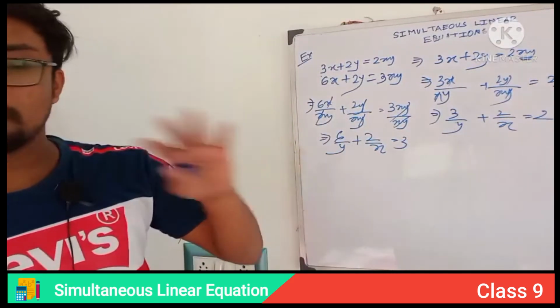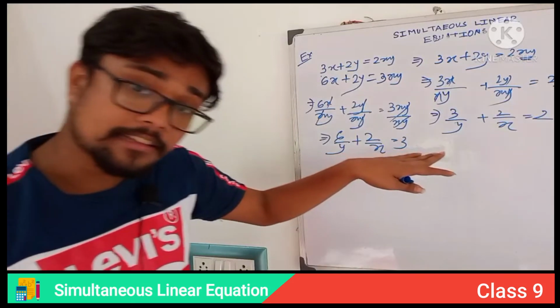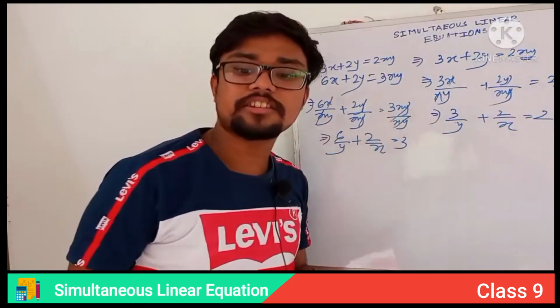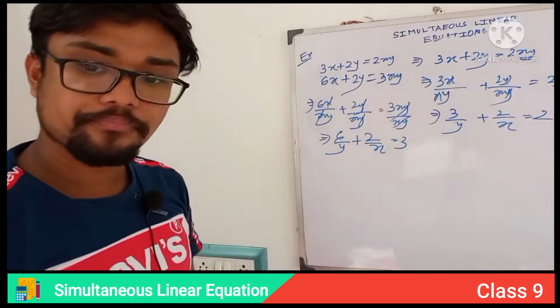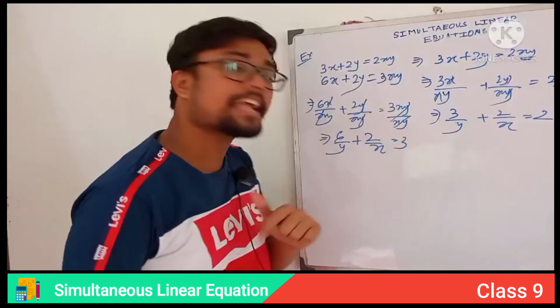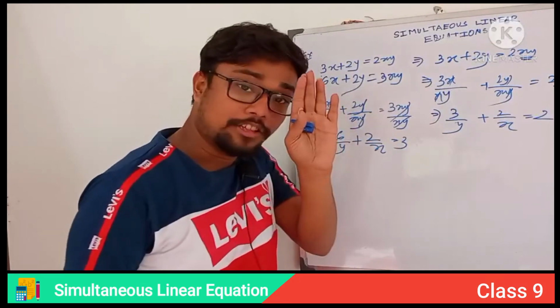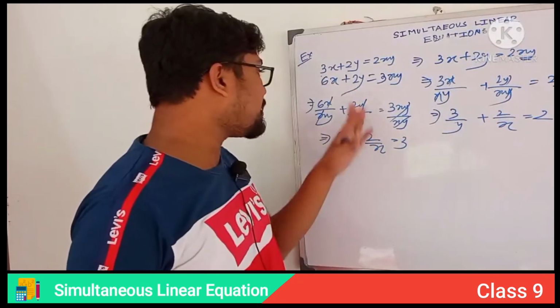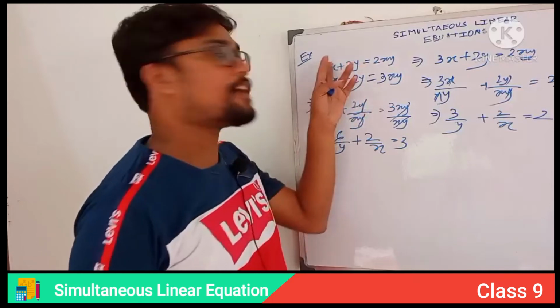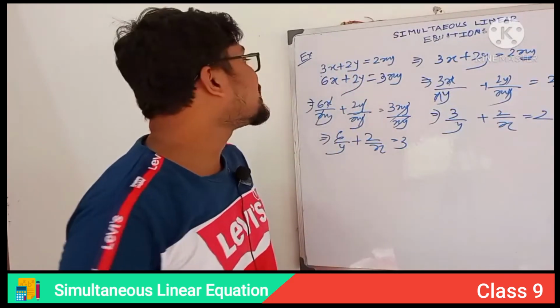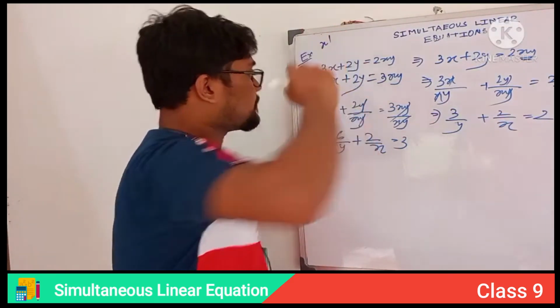So we get two equations, and on the right side one constant is present. Fine. Now again another problem is present. In the previous example, the power of x was 1.